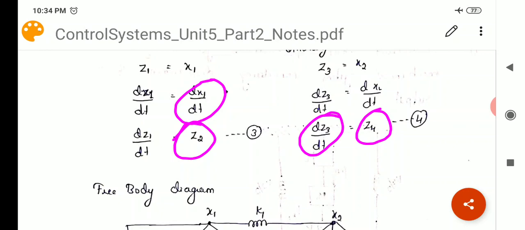We need the state equation, which is of the form x dot is equal to Ax plus Bu. X is nothing but z1, z2, z3, z4. X dot is the first differentiations. That means our agenda is to find the first differentiations of all the state variables, that is dz1 by dt, dz2 by dt, dz3 by dt, dz4 by dt. Out of those we have already got dz1 by dt and dz3 by dt.